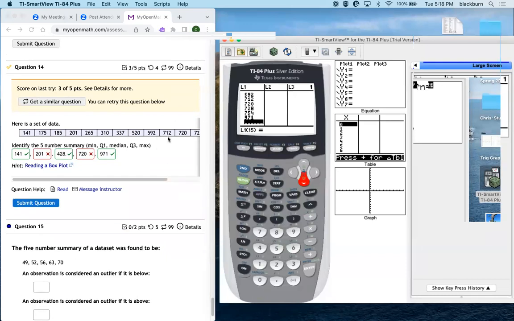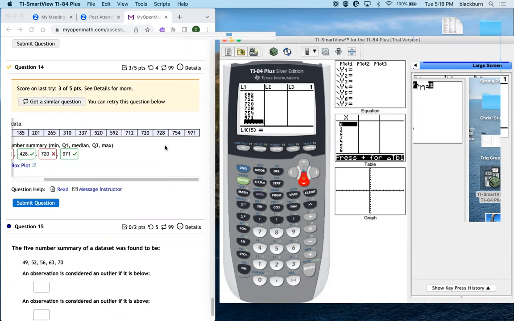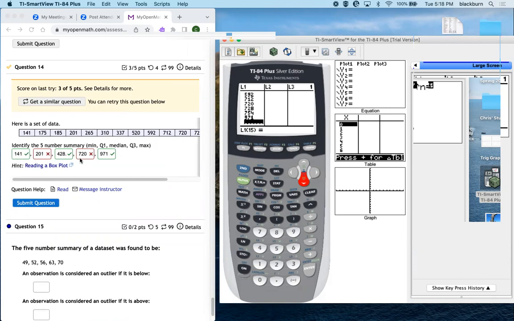Yep, that's something. I'm sticking by my answers. Because the bottom set of data's got 7, the top set of data's got 7. So Q3 should be the 4th up.